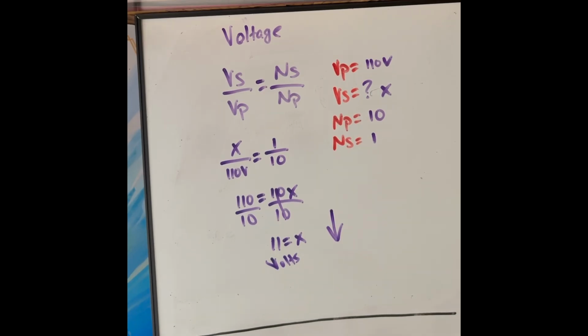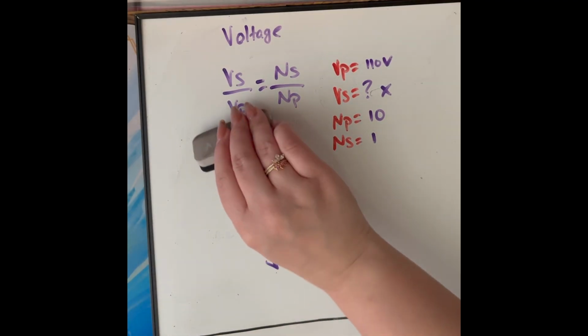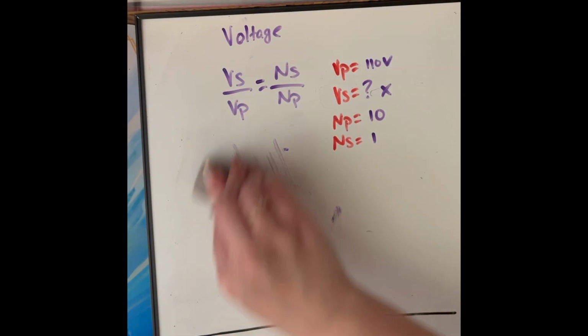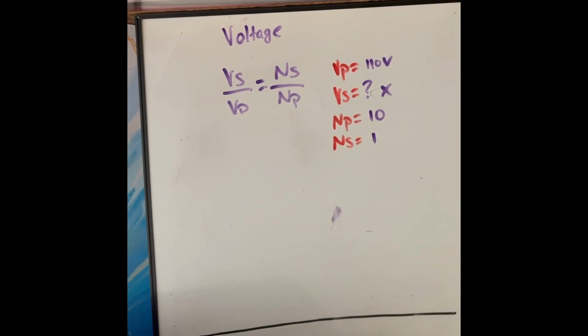So what would happen if we did a step up transformer? Let's look at that. Let's make up a problem, or let's see if we have one on our PowerPoint. That's a step up. Okay, perfect.